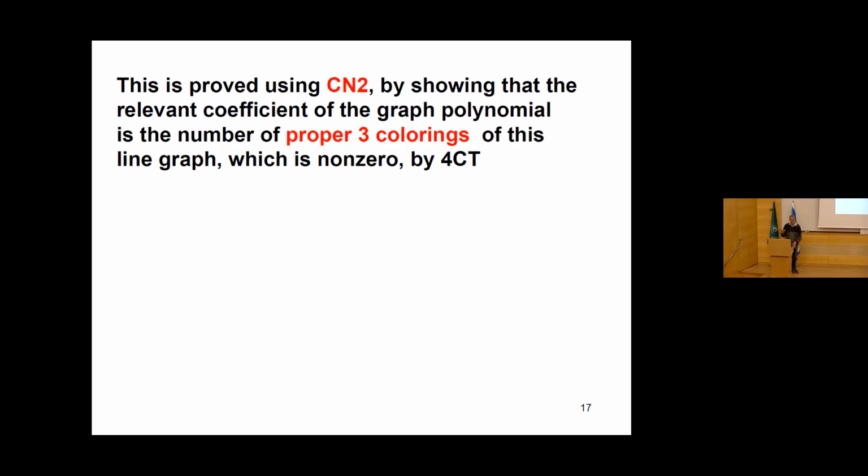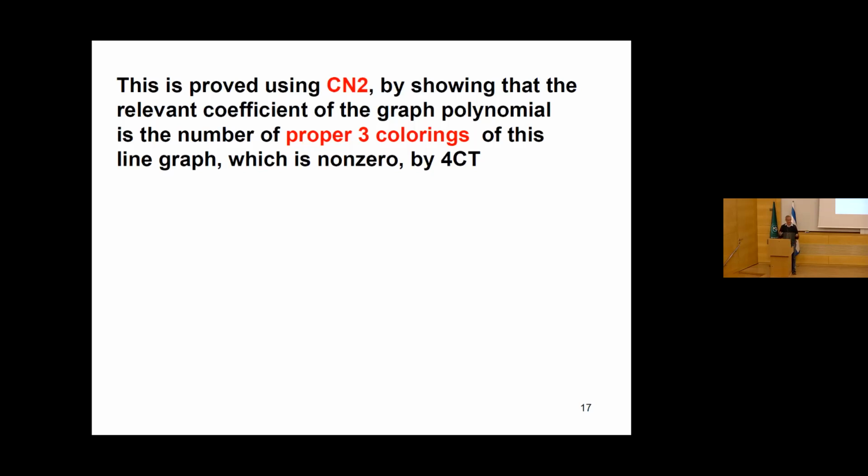To apply this polynomial method, the main thing is to show that some relevant coefficient is non-zero. So we can interpret this relevant coefficient combinatorially, as I said, and in the case of line graphs of cubic bridgeless planar graphs, you can show that this coefficient counts proper 3-colorings of the edges of the cubic graph, and this number of proper 3-colorings is non-zero by the four-color theorem.